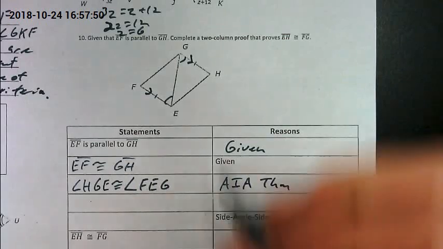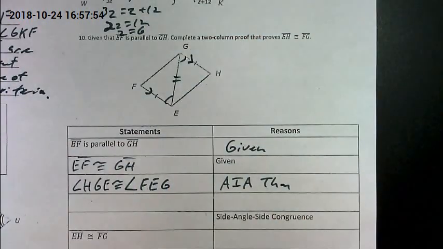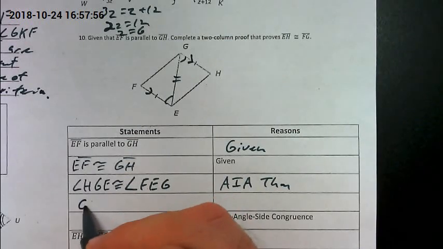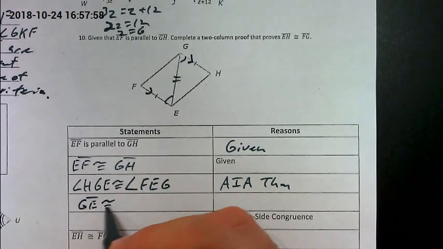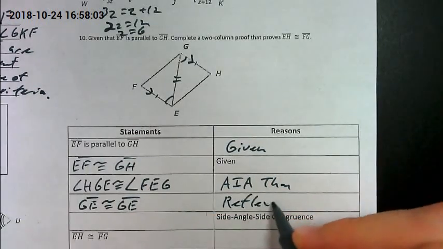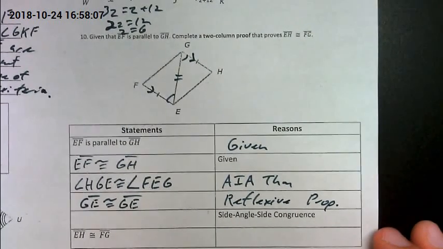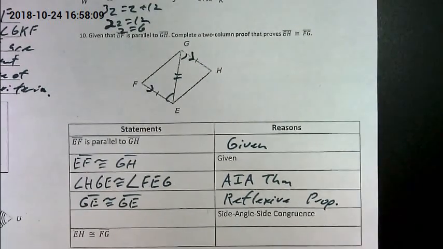Now, you also have a common side. So it has to be congruent to itself. GE is congruent to GE. That's the reflexive property. Or if you want to be like Springboard, you can say congruence is reflexive.